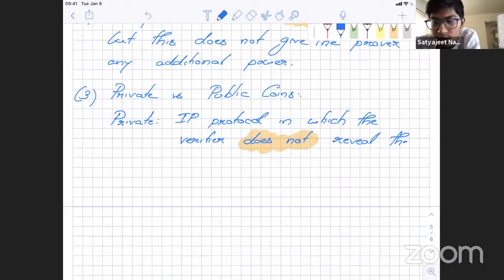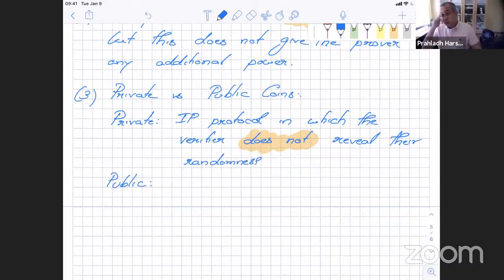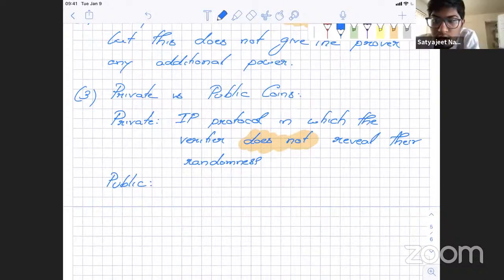Suppose in the above example it did reveal sigma and B, would there be a change in the probabilities? Yes, once you state that, the cheating prover can completely cheat. He has to give a C such that C equals B. He knows B, so he will always give C equal to B. So when G0 is equal to G1, in that case, it will be accepted with probability 1.